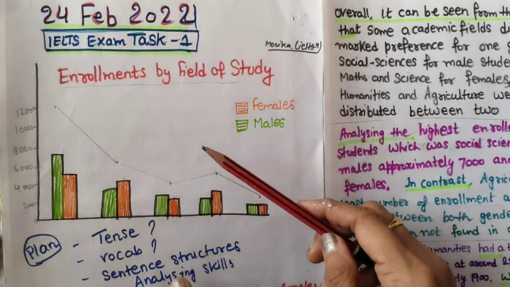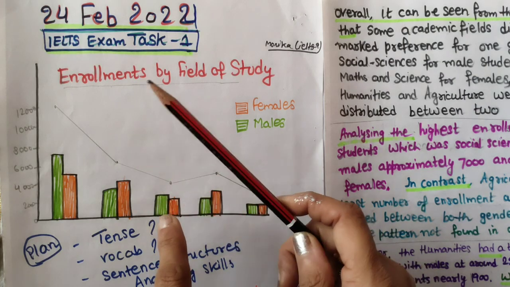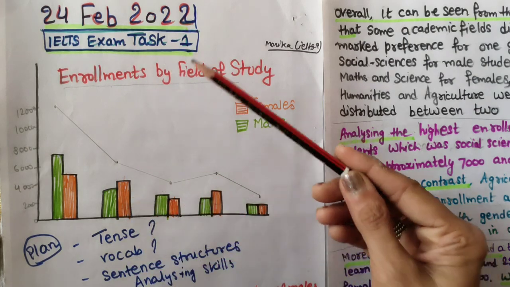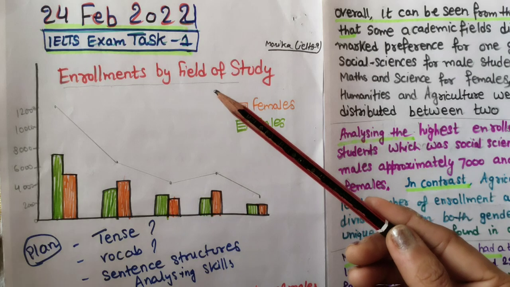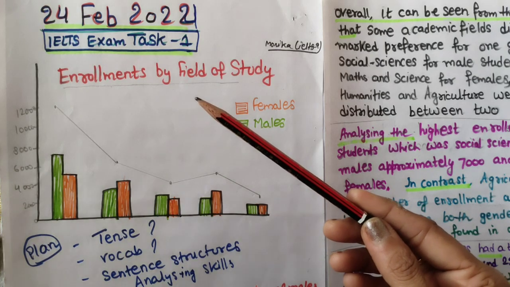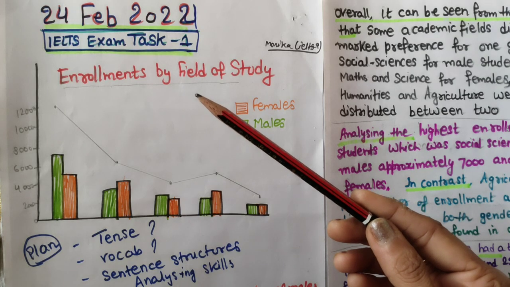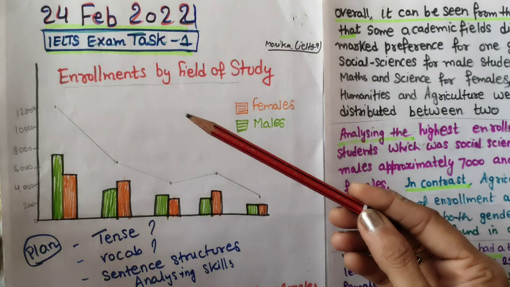So here in this video we will discuss this bar graph come line graph. This question was part of the 24th Feb 2024 IELTS exam that was held in India. But definitely I am sure this kind of question can be repeated in neighboring countries as well as in far-flung areas of this world. So it doesn't matter.